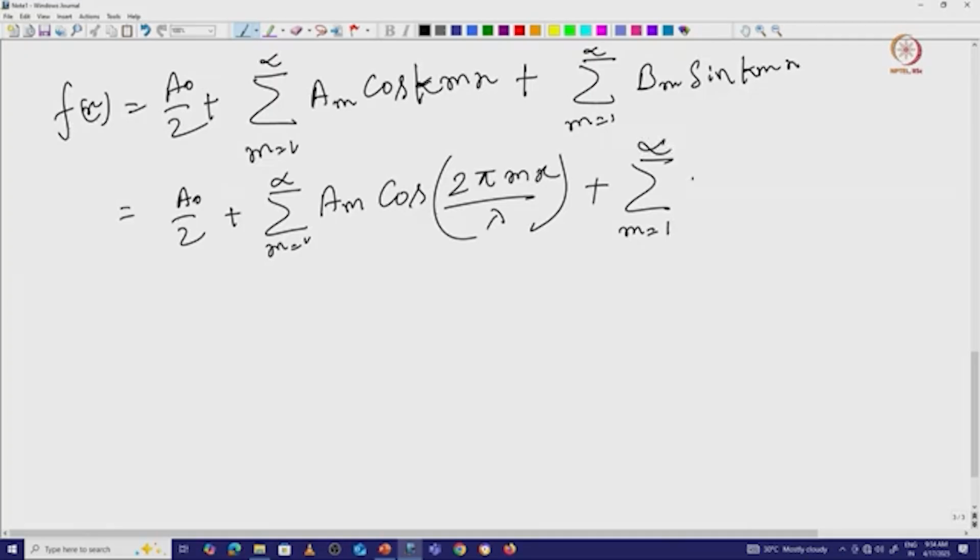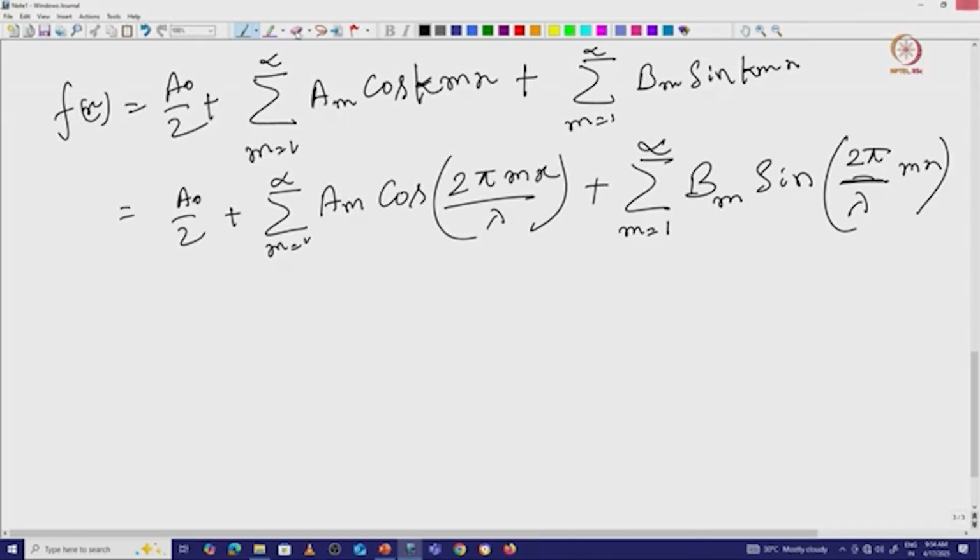So, here you can see this will be bm, then sin, where k will be replaced by 2 pi by lambda, so sin 2 pi mx by lambda. Okay. And then if we have this one, now if I just make a table, as I told, m will vary.